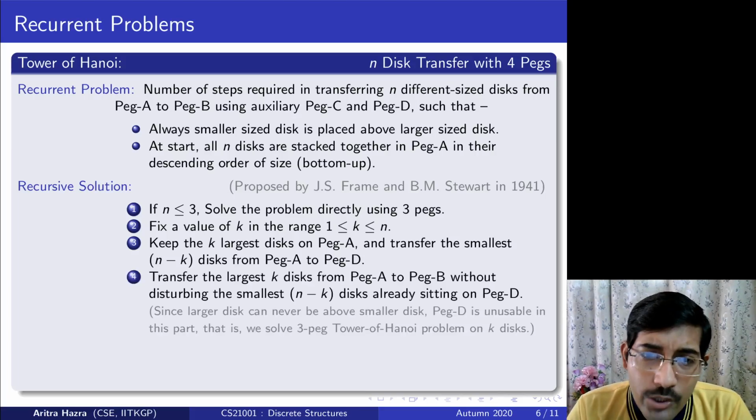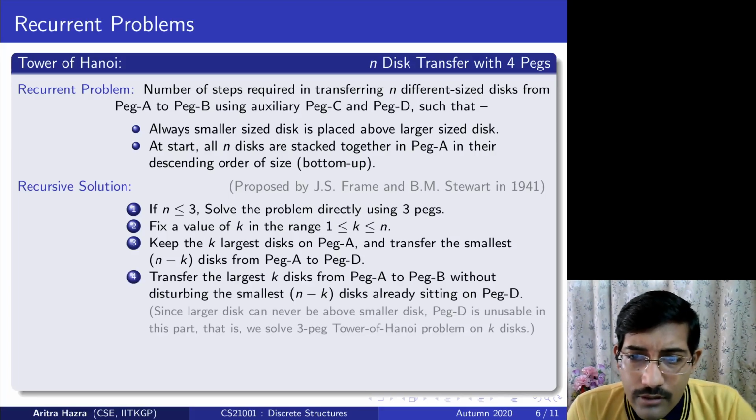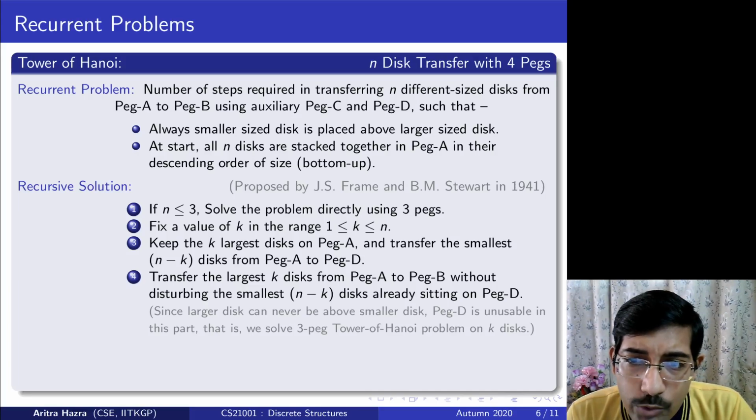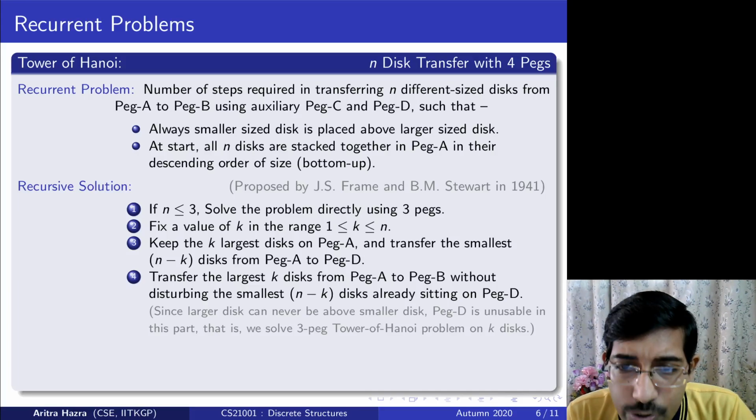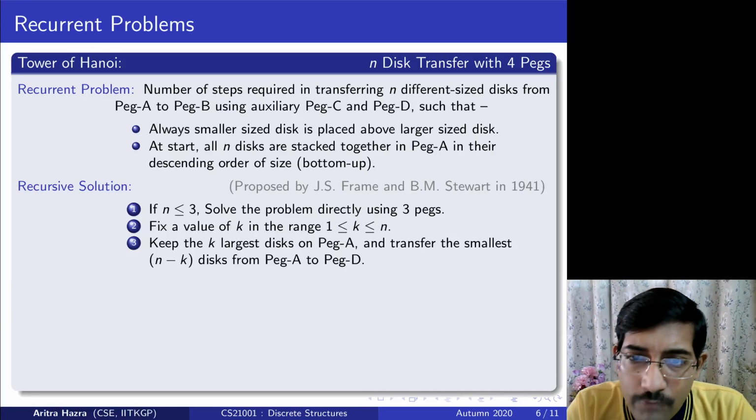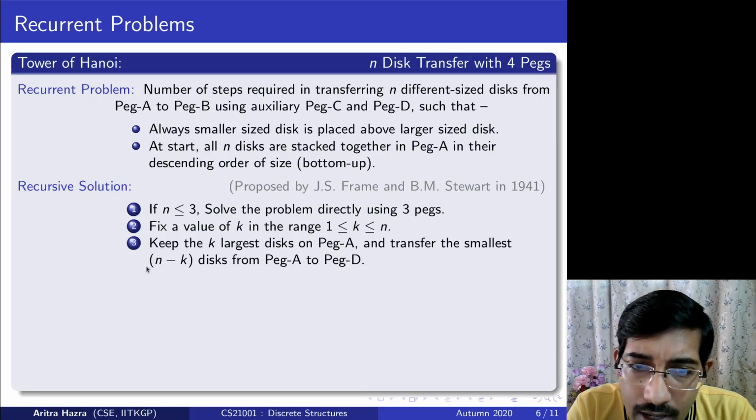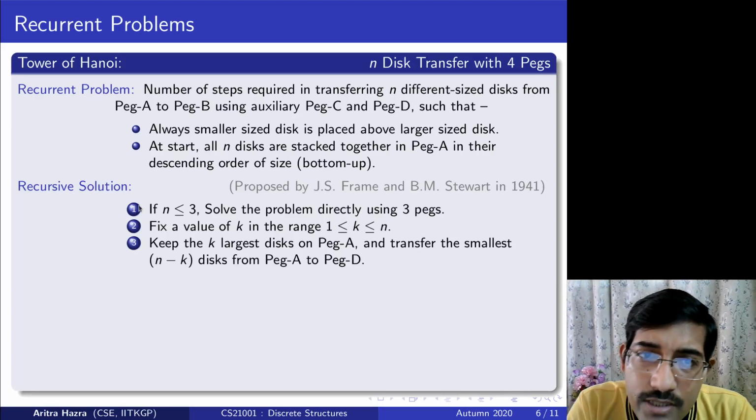So while doing it, now when I transfer those top n minus k disks from A to D, I can use B and C. So this transferring of top n minus k disks is again a recurrence, using the same function or formulation that I can use.